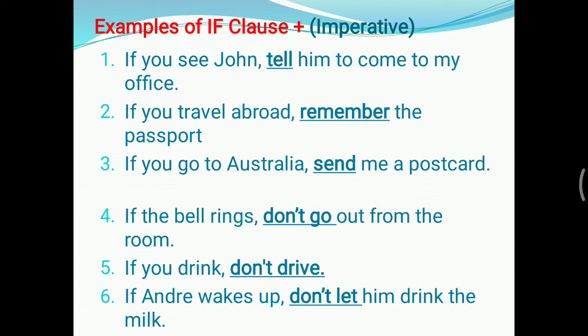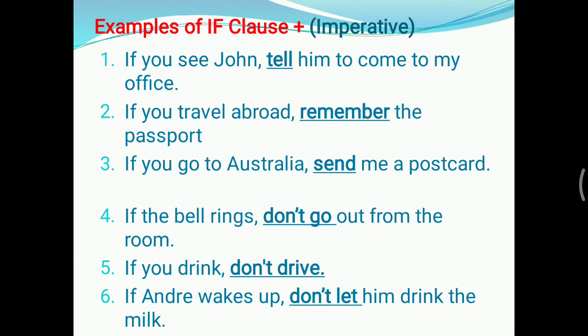If you drink, don't drive. Jika kamu minum, jangan menyetir. If Andre wakes up, don't let him drink the milk. Jika Andre bangun, jangan izinkan dia minum susu itu.